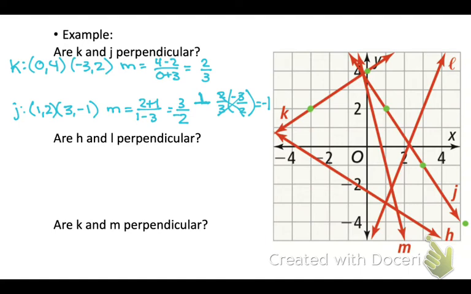Okay, so for H and I, what am I going to do? Find the slope. Guess what you're going to do a lot. Is 1, -3 good? We need a better point that's right on the dot.